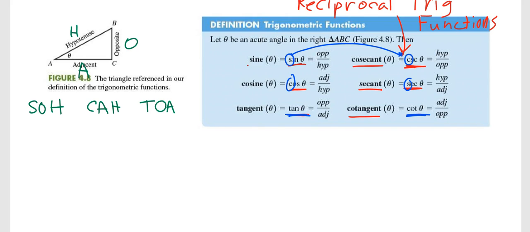Alright, if sine goes with cosecant, and it's a reciprocal, and if sine was opposite over hypotenuse, what would cosecant be? Hypotenuse over opposite.